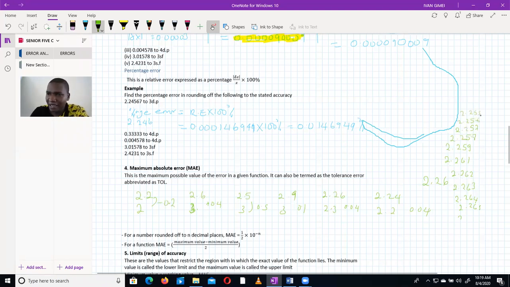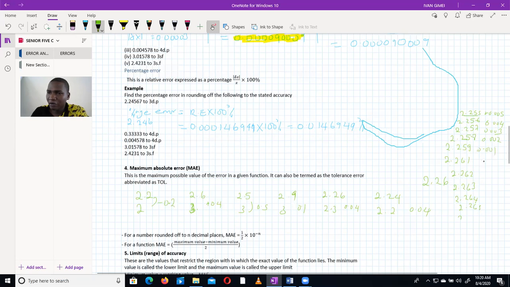So you see that here the error made, if it was 2.255 and we wrote that 2.26, that means that here we added 0.005 to come up with 2.26. If it was this, then we added 0.004. This is 0.003. This is 0.002. 0.001.